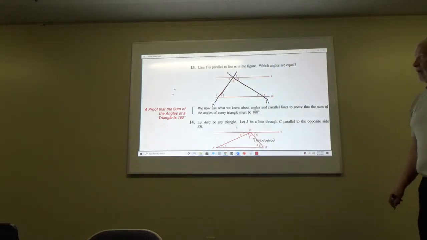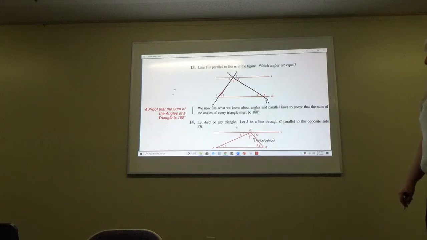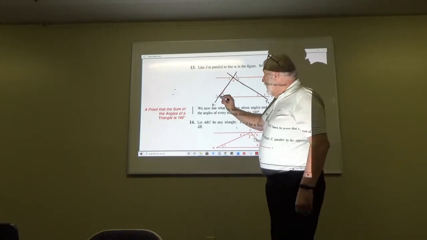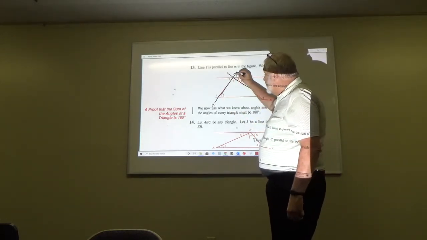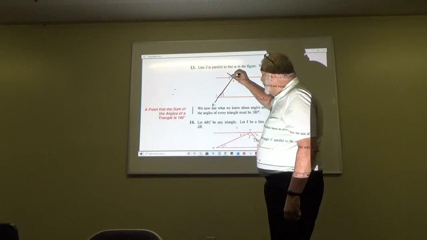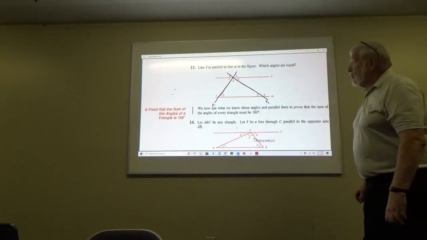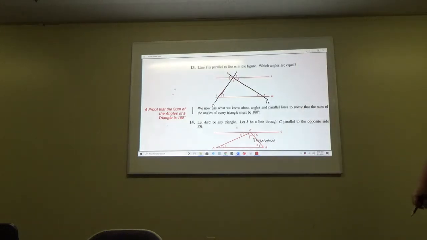Because you have to use the parallel lines and only the T1 transversal. Now, angle 1 is up here. That's angle 1. The corresponding angle, angle 1.